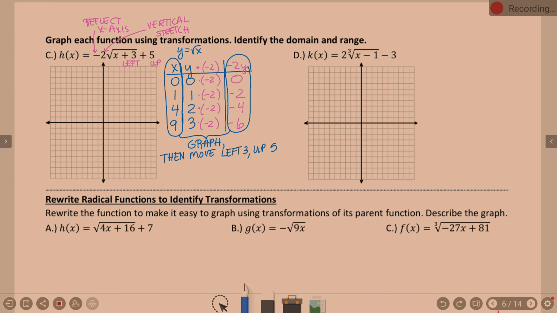I'm going to graph 0, 0 stayed 0, 0. And these are just my light dots. I'm not done. 1, 1 became 1, negative 2. 4, 2 became 4, negative 4. And 9, 3 became 9, negative 6.